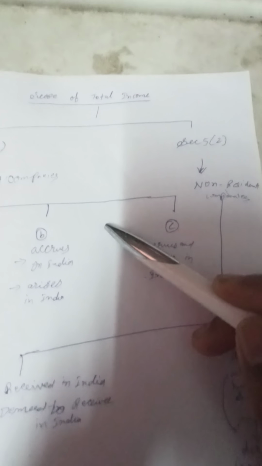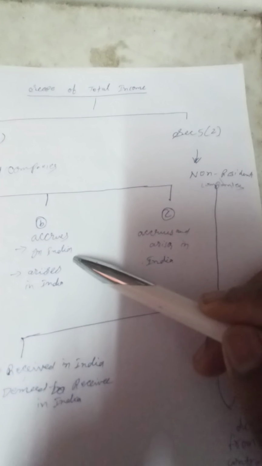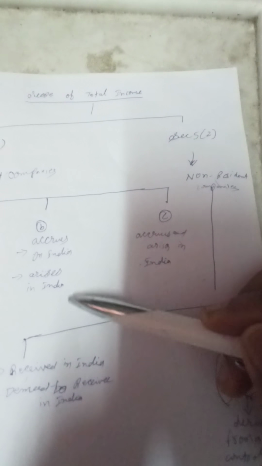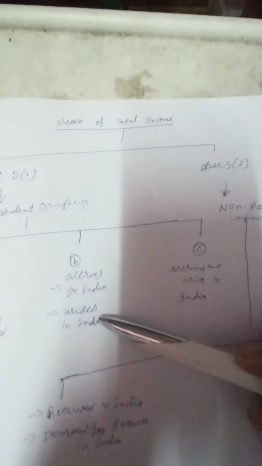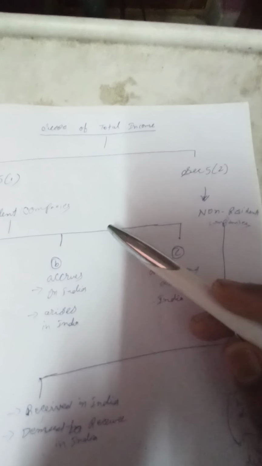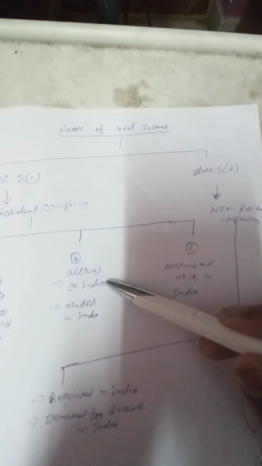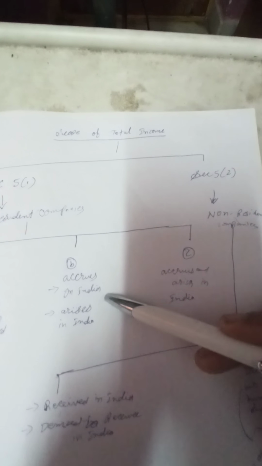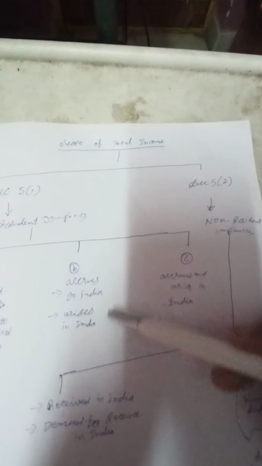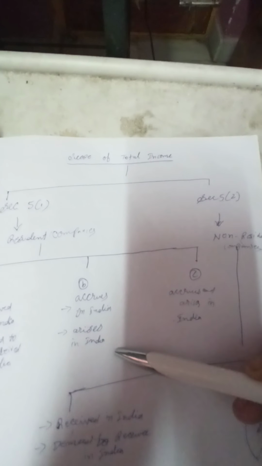And the next one is income that accrues in India or arises in India, then it is taxable in India. It is an Indian company. The income has accrued in India and has arisen in India, then it is taxable in India.